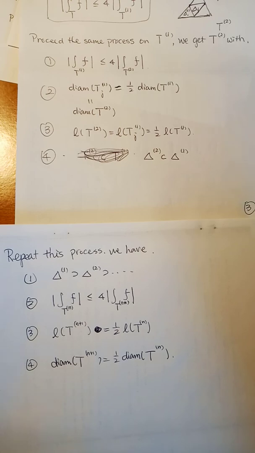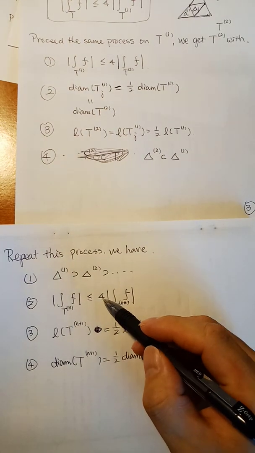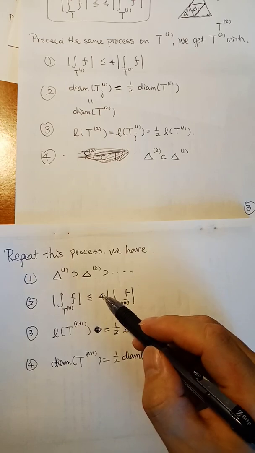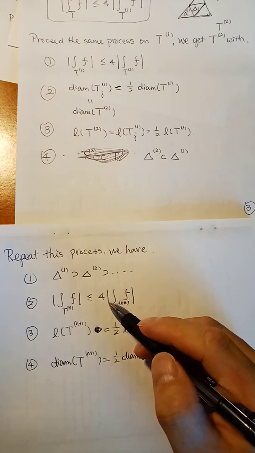Every time you have a factor of 4, so for T1 you get 4, for T2 you get 4 squared.